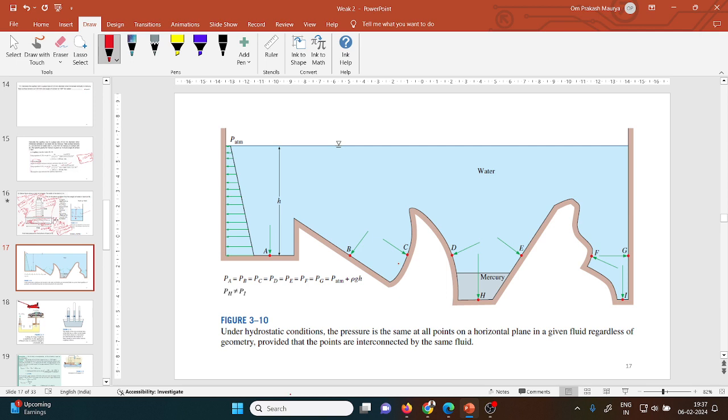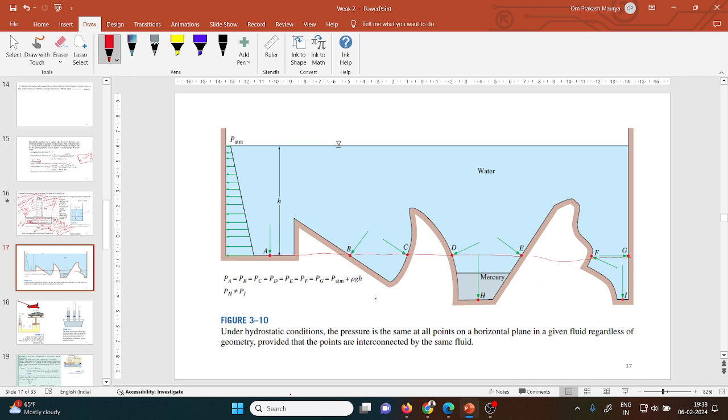In fluid statics, whatever the structure is, there is no meaning. If points lie in the same horizontal line, and all these points are connected with the same liquid, not another liquid, then your pressure will be the same at each and every point.